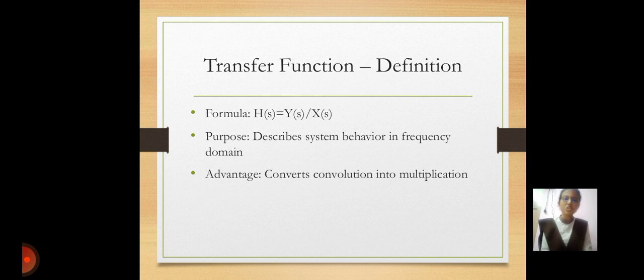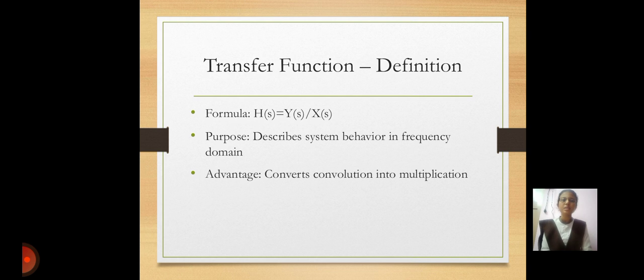H of s equals Y of s, the output, divided by X of s, the input. Here in the frequency domain, H of omega equals Y of omega divided by X of omega.